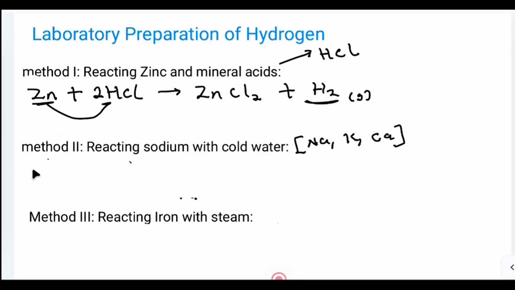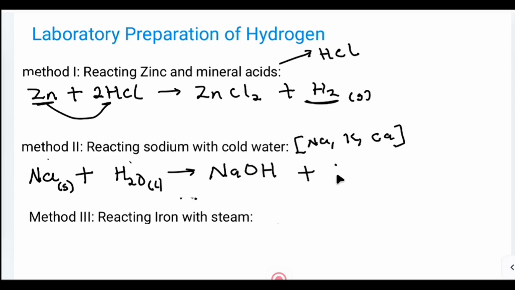Now, let's see if I have sodium and I have cold water. So sodium is a solid. I usually omit writing the state. This will give me NaOH, plus H2.